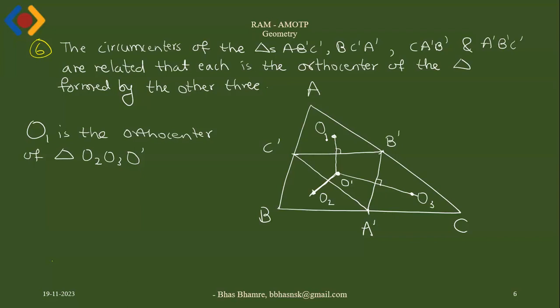I am just showing you some little bit resemblance. O1 is the orthocenter. So I just gave you some vision. You can think ahead. Today we have to go ahead with some more results.